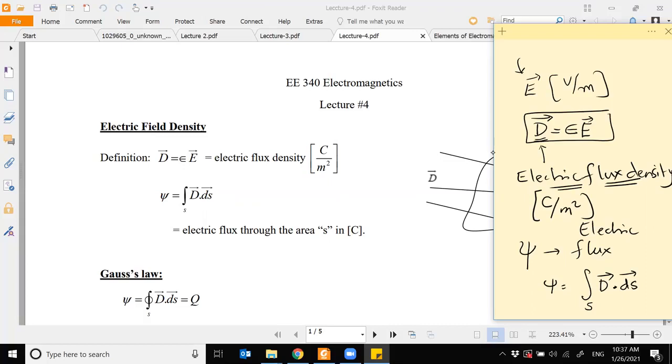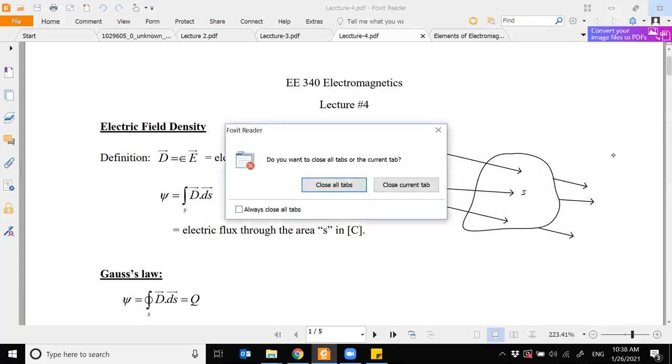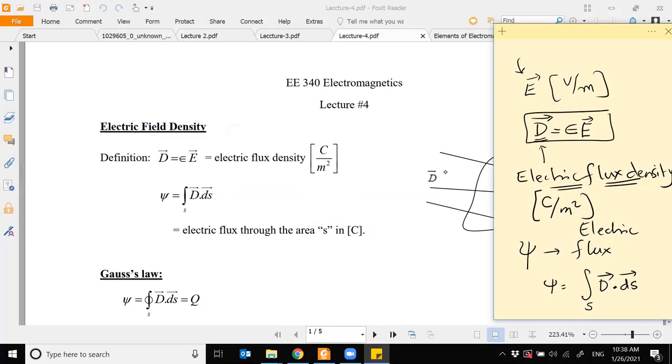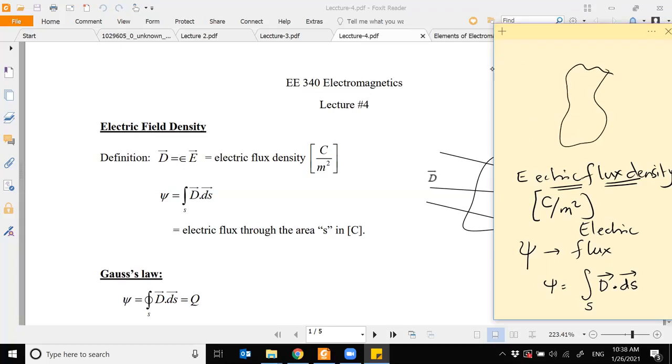Not cross section, sorry. What is flowing through a surface, just through a surface. So if you have a pipe, sorry. So if you have this as my surface S, and now this is my D here.